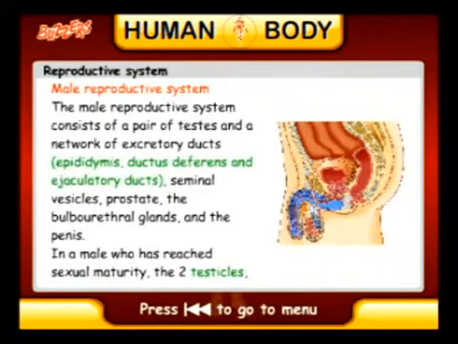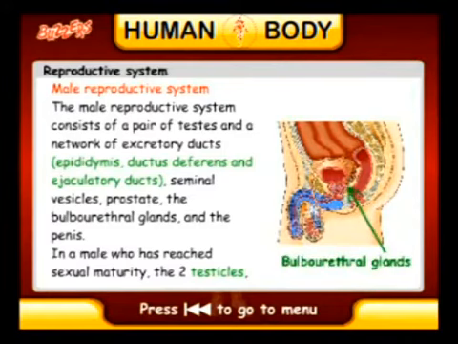Male reproductive system. The male reproductive system consists of a pair of testes and a network of excretory ducts: epididymis, ductus deferens and ejaculatory ducts, seminal vesicles, prostate, the bulbourethral glands, and the penis.